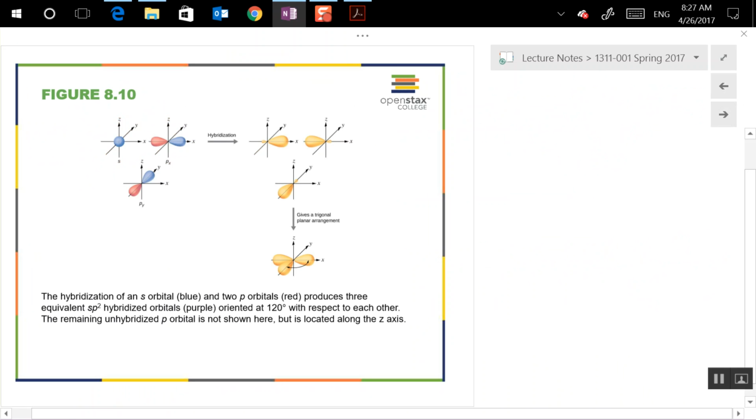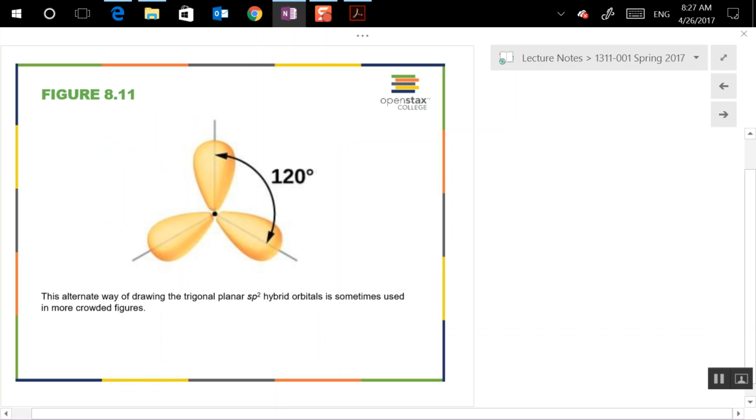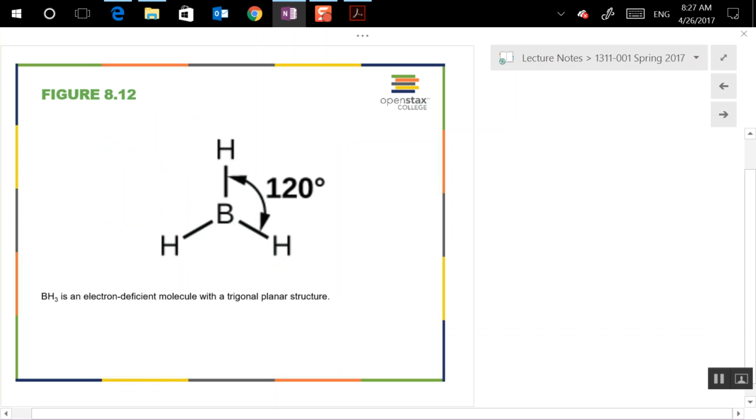Okay, so it's just showing you how these 3 orbitals are coming. They're hybridizing from here to here, and you get a different middle ground hybrid energy state. Okay. All right.